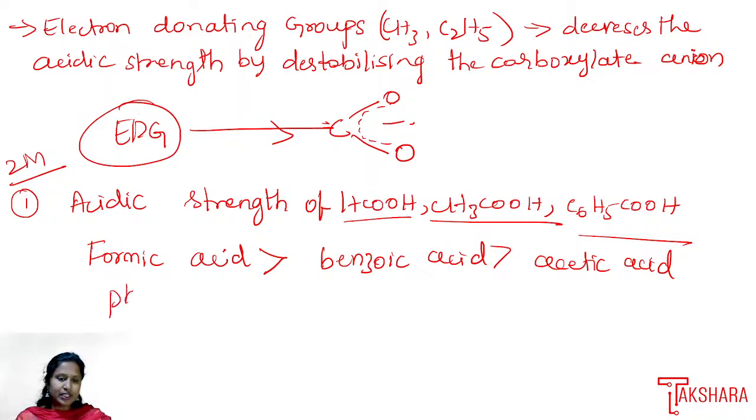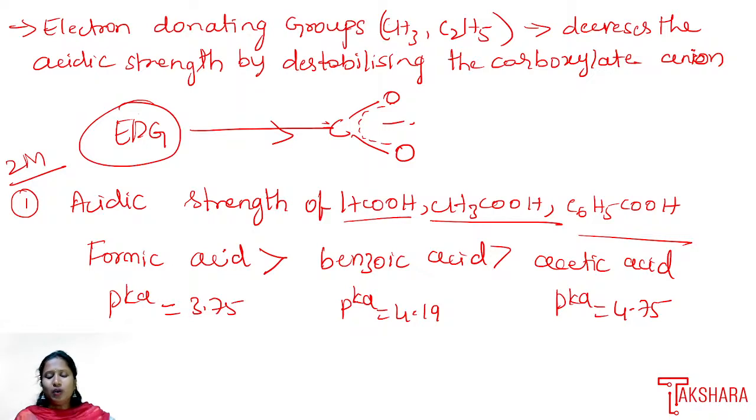That is, formic acid has pKa value 3.75, benzoic acid has pKa value 4.19 and acetic acid has pKa value 4.75. Okay, so now, why the formic acid, benzoic acid and acetic acid have this order?